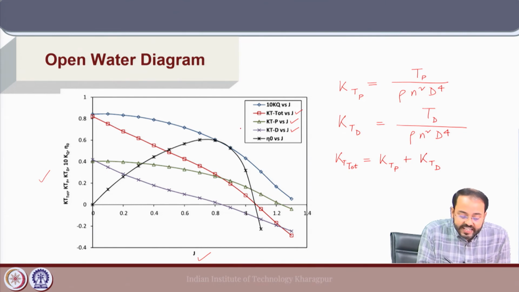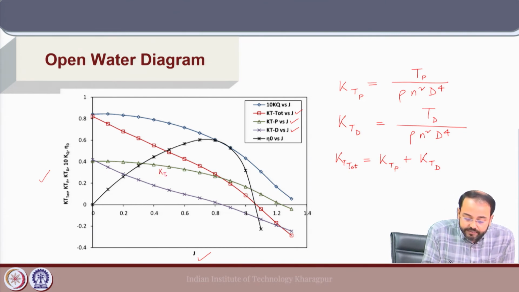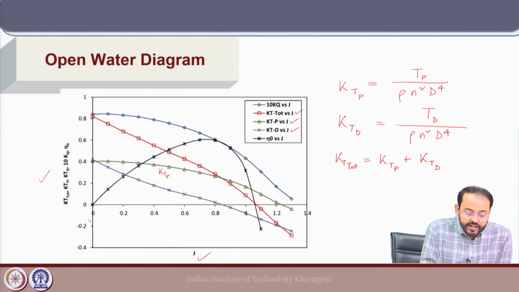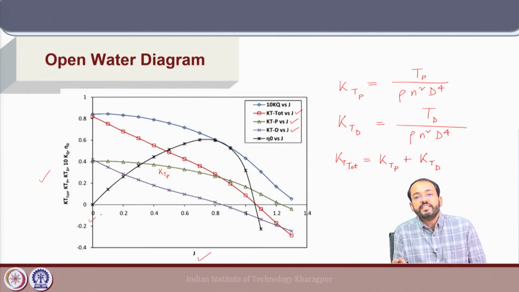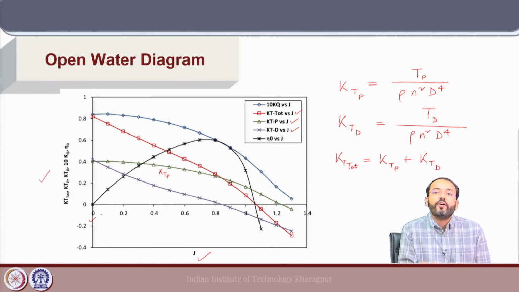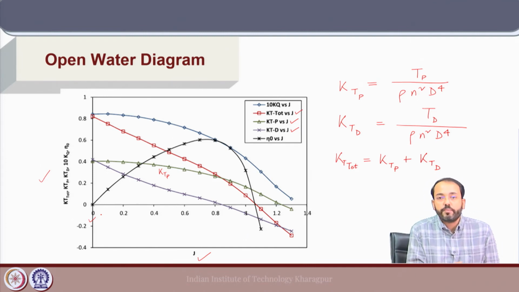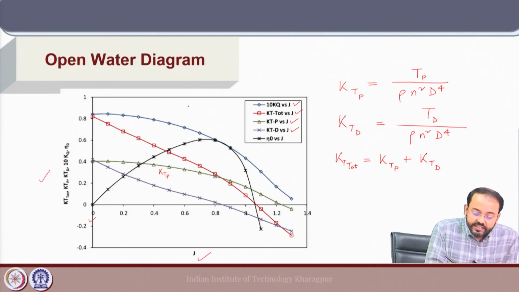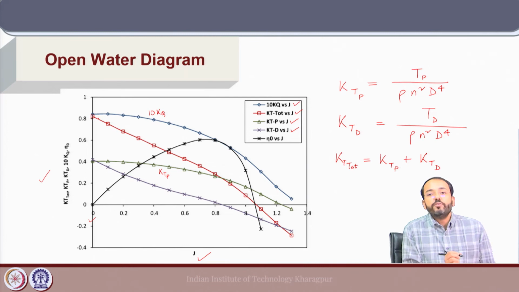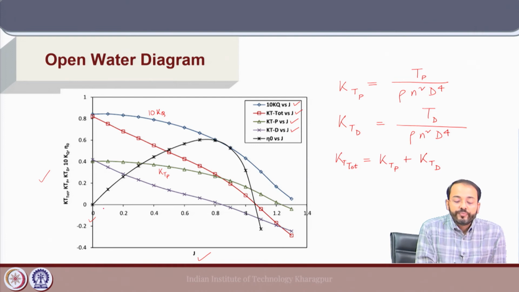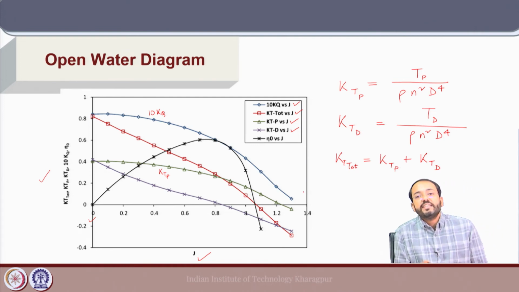The first one, KTP, is this line. The highest value of KTP is in the Bollard pull condition where J is 0, and as J increases, KTP will decrease. This is in line with what we have observed for the open propeller, the conventional propeller. Similarly, 10 KQ, the blue line here, has its highest value at the Bollard condition where J equals 0, and it decreases as J increases.